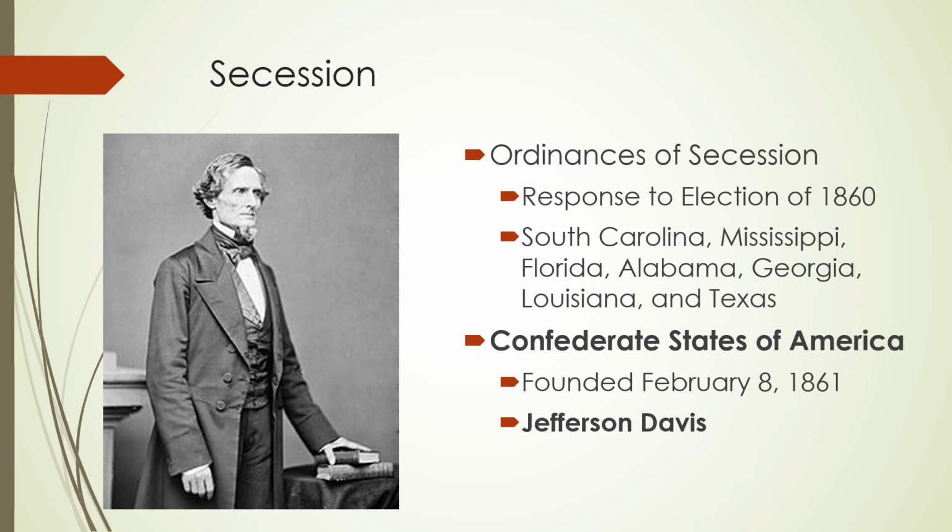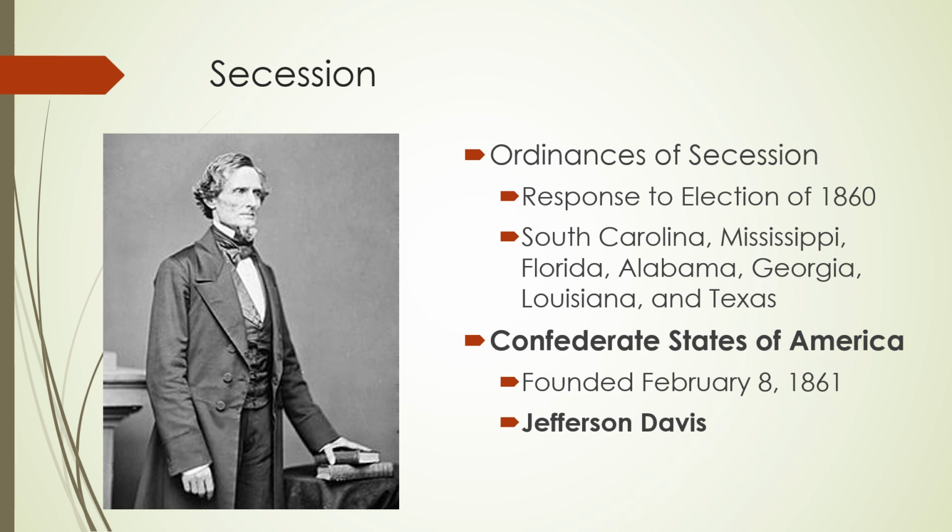And so, based on the social issues, the economic issues, the cultural issues, and the political issues, because of the way the Electoral College balanced out, they said, hey, this isn't working for us anymore. So these 7 states, South Carolina, Mississippi, Florida, Alabama, Georgia, Louisiana, and Texas, all passed ordinances of secession.